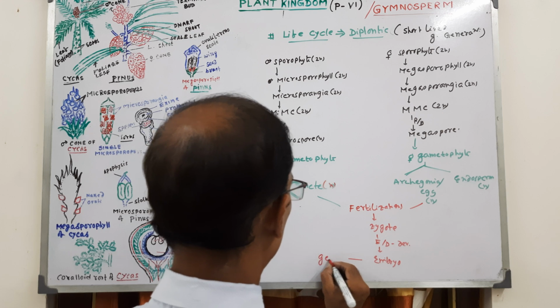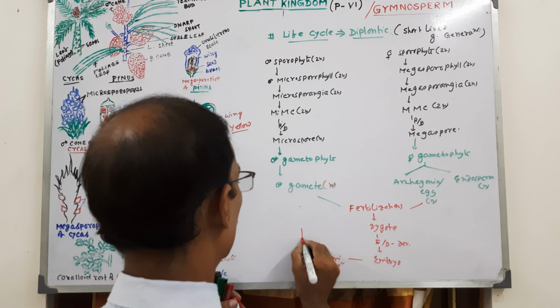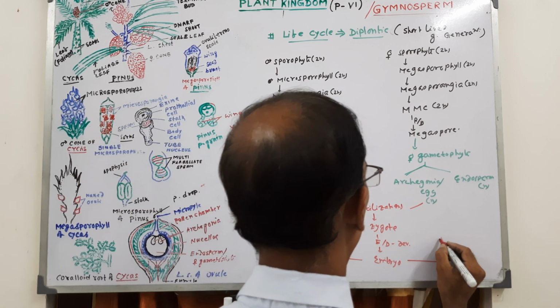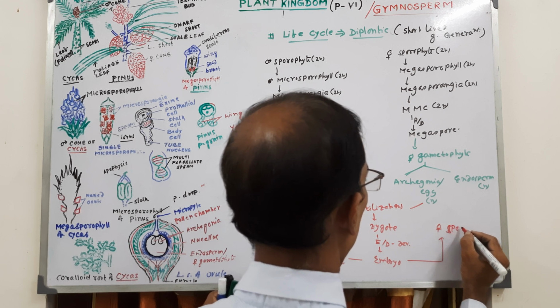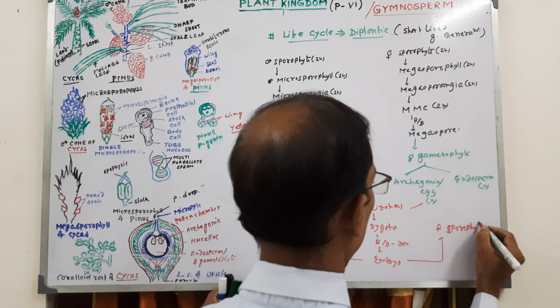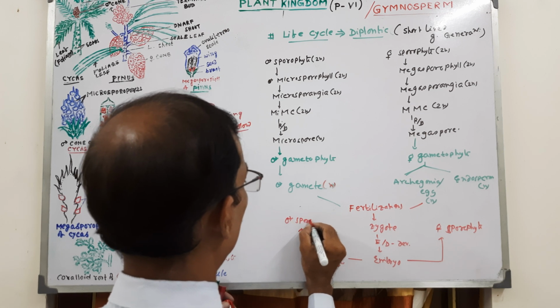On germination, it produces male gametophyte or female gametophyte, female sporophyte or male sporophyte.